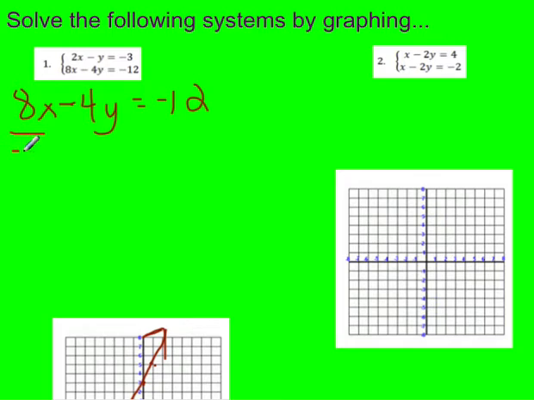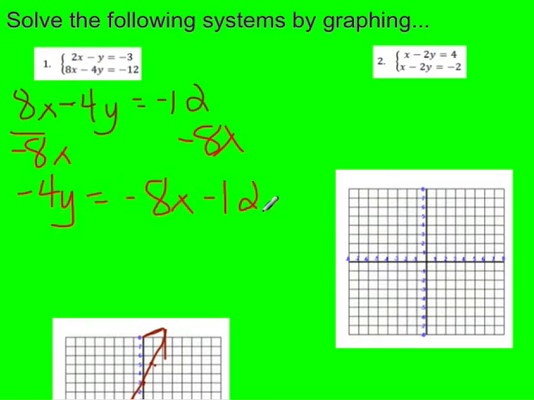So to do that, we need to subtract 8x. So then I have a negative 4y is equal to a negative 8x minus 12. Next, we need to divide both sides by a negative 4. And then I get that y is equal to negative 8 divided by negative 4 is going to give me a positive 2. Negative 12 divided by negative 4 is going to give me a positive 3.